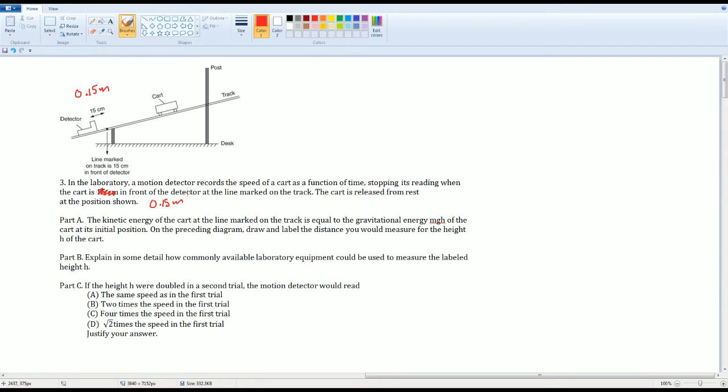The kinetic energy of the car at the line mark on the track is equal to the gravitational energy of h. So there's a height here. On the preceding diagram, draw and label the distance you would measure for the height of the car. Wait, I'm sorry.